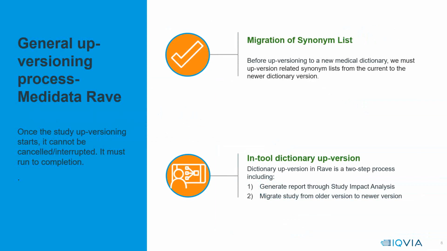Before the upversioning to a new medical dictionary version, it's crucial to upversion its synonym list from the current to the new dictionary version, that is from the source version to the target dictionary version. The synonym list upversion process analyzes the differences between the source and target dictionary versions, and it flags all the changes between these two versions.